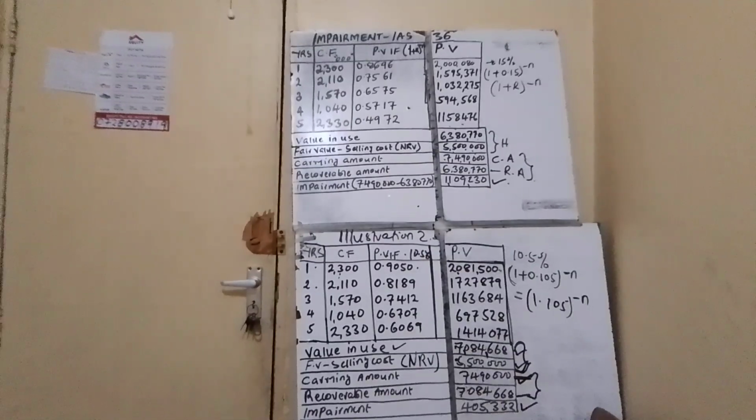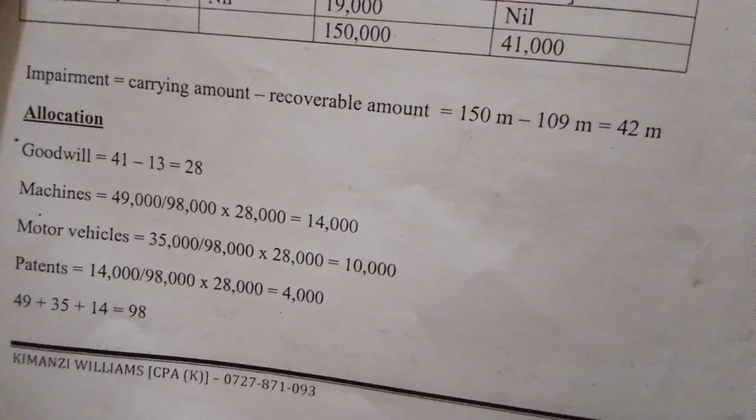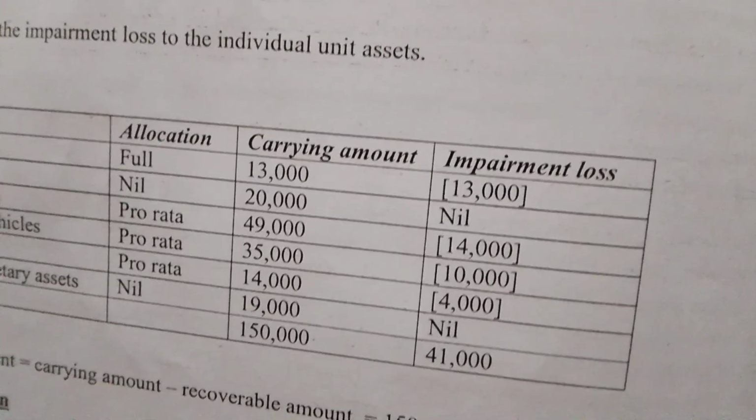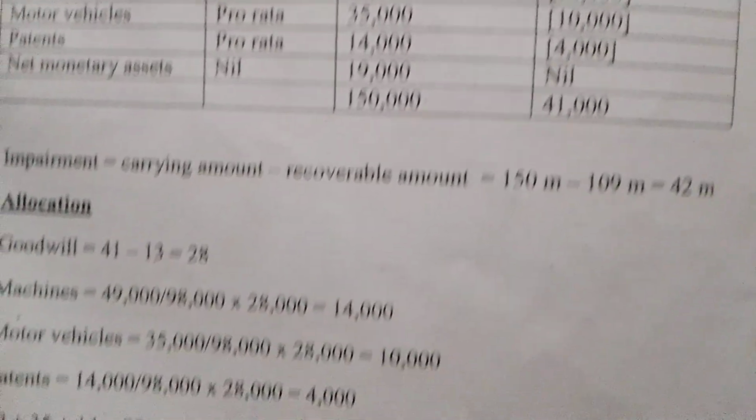Because for goodwill, you have allocated in full. Property, nil. Net monetary assets, nil. So you are left with machines, motor vehicles, and patents. So just sum up 49 plus 35 plus 14 to get 98. If it is machines, you take 49, carrying amount 49 over 98.